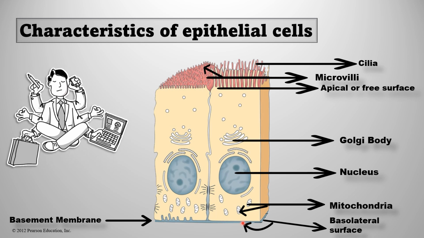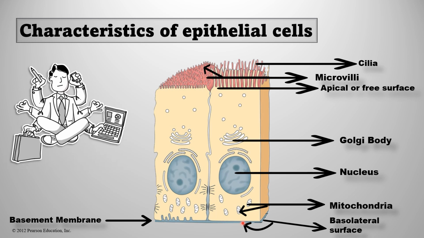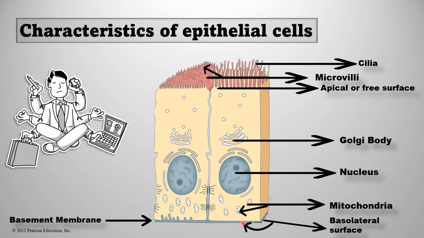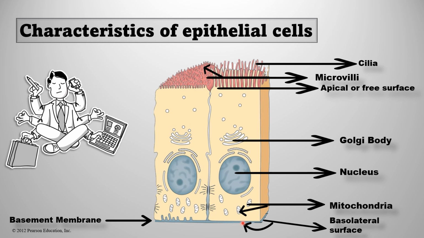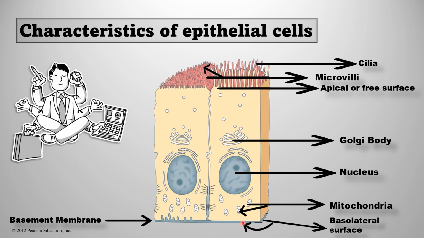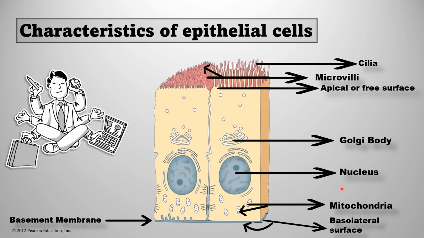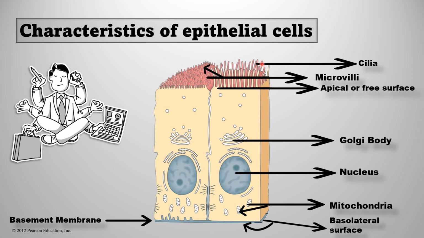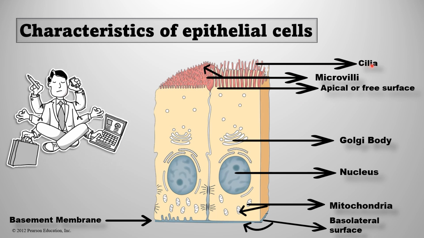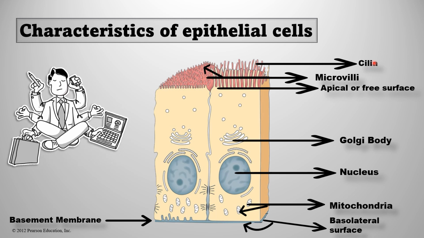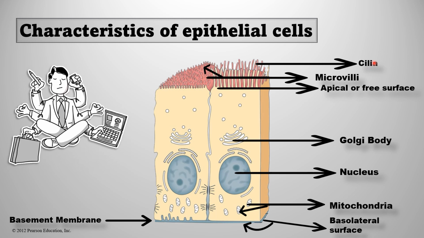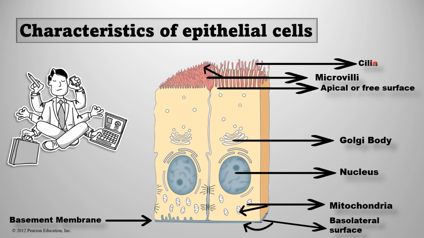Then the apical surface may contain some structures, and those structures modify the function of the cell. Like what? Like these hair-like cilia. They look like hair-like structures, and they move in one direction.